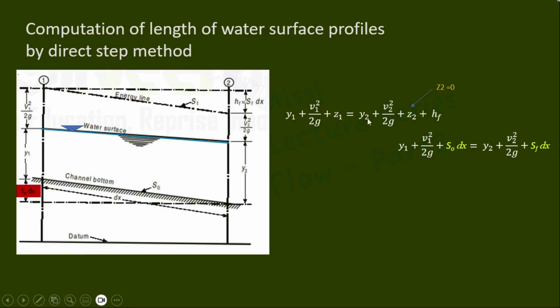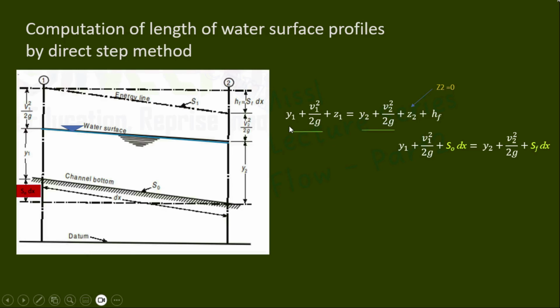So this equation becomes y1 plus v1 square by 2g plus S0 into dx equal to y2 plus v2 square by 2g, and z2 is 0 and hf is replaced by SF into dx.